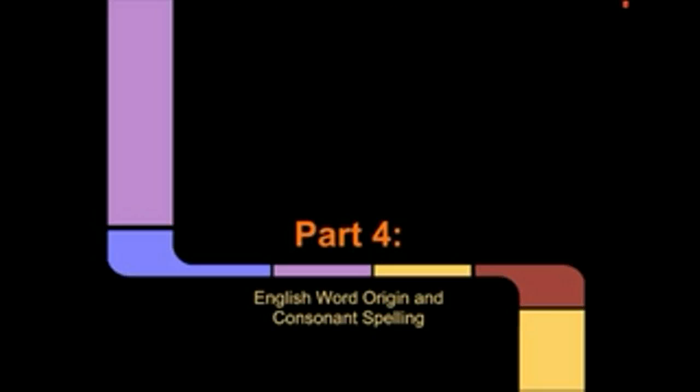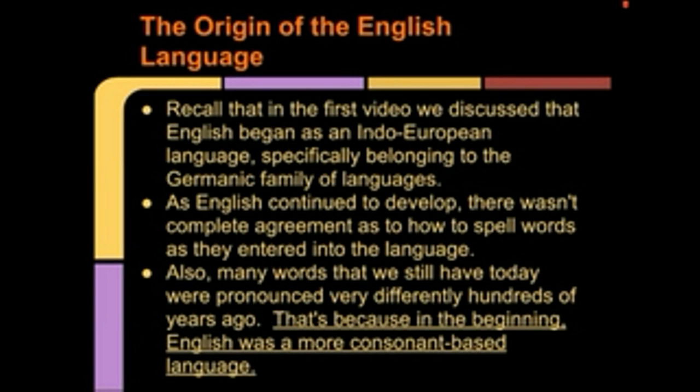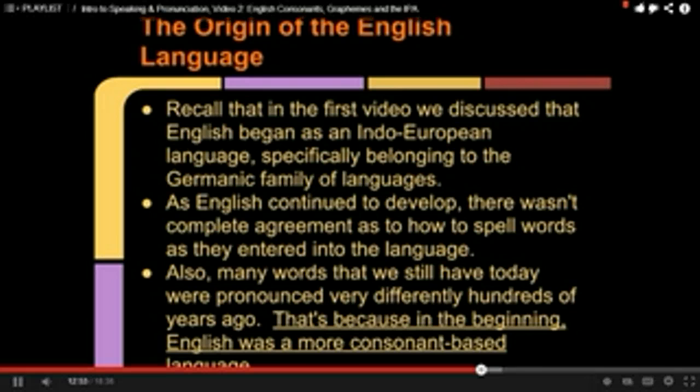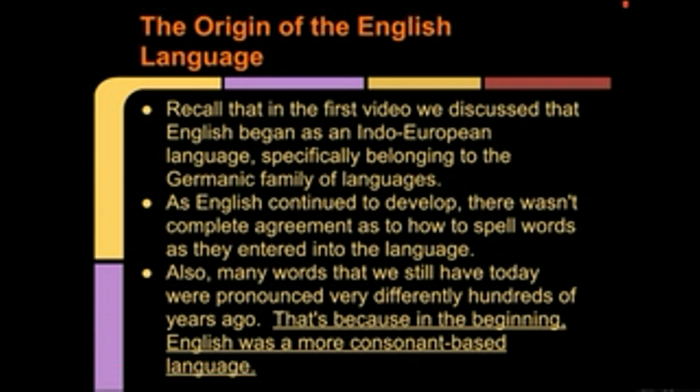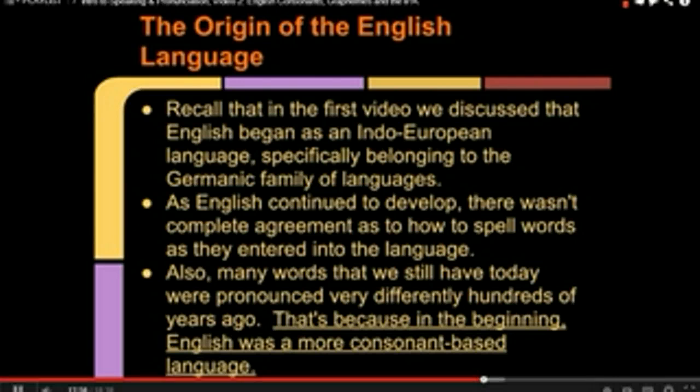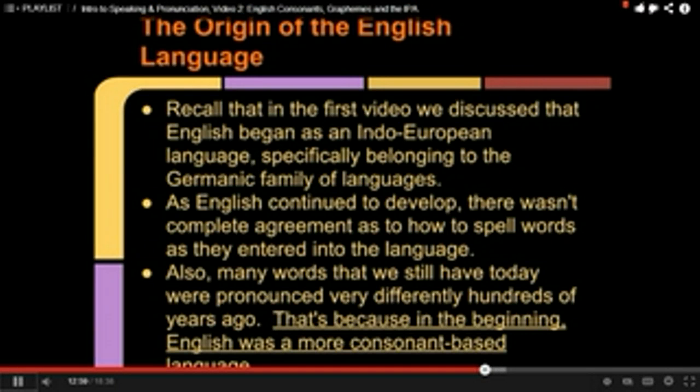Part 4. English word origin and consonant spelling. Recall that in the first video, we discussed that English began as an Indo-European language, specifically belonging to the Germanic family of languages. As English continued to develop, there wasn't complete agreement as to how to spell words as they entered into the language.